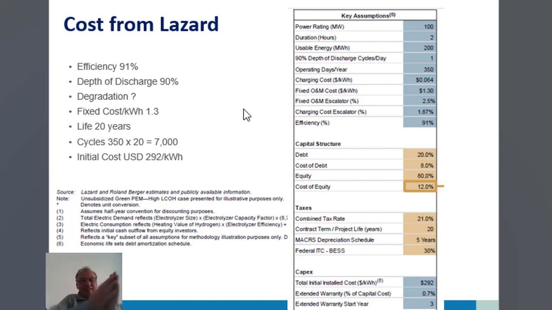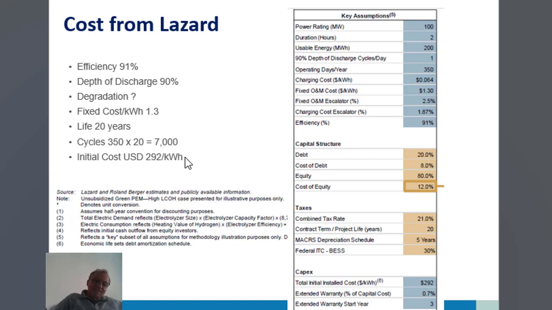Degradation will be really important in all of this, and I'm going to make a separate video that works through all of those kind of issues. They have a fixed charge per kilowatt hour, a lifetime of 20 years. I don't know how you get a lifetime of 20 years without replacing the battery a lot and making CapEx implicitly or explicitly to do that.